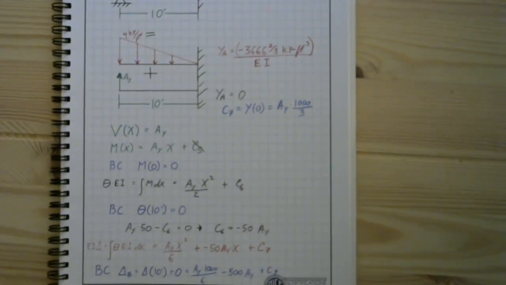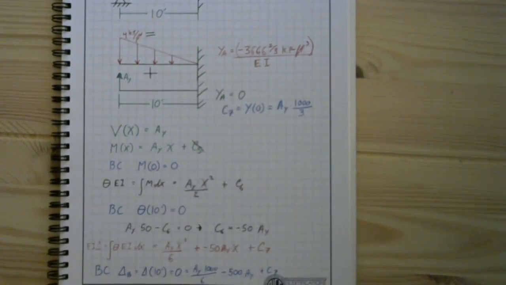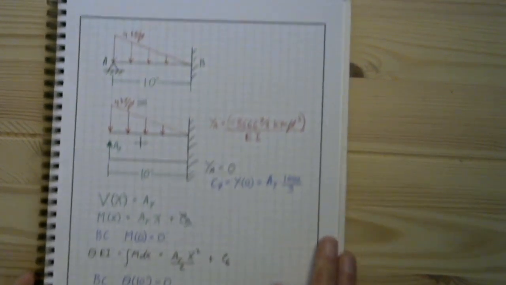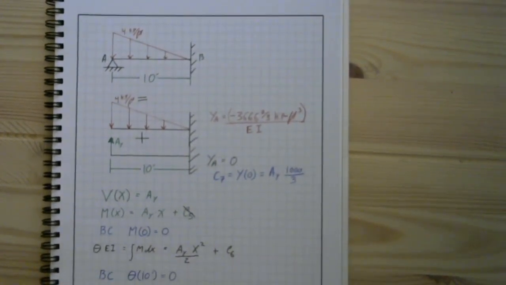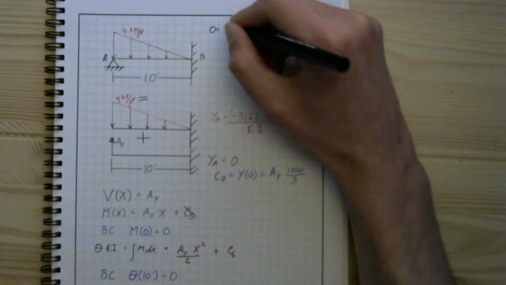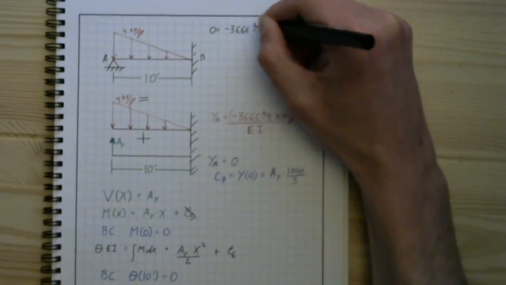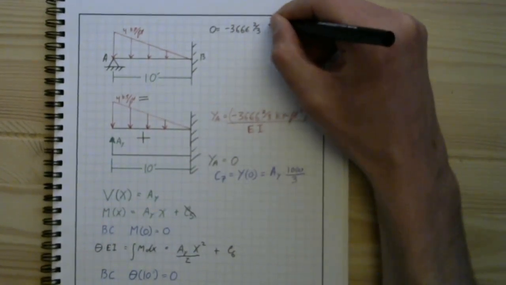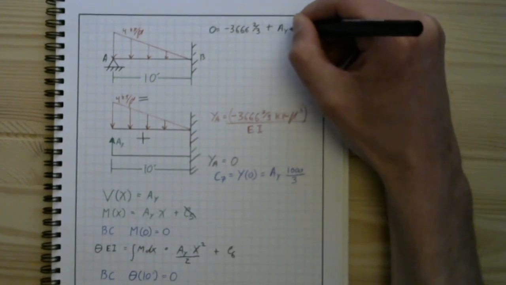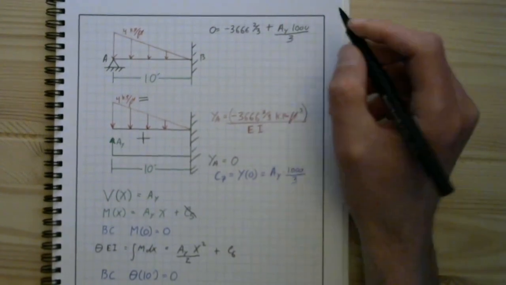So, to find out what the reaction AY is, we need to set the summation of deflections at A to 0, and that's going to mean that we can write 0 is equal to negative 3,666 2/3 plus AY times 1000 thirds.